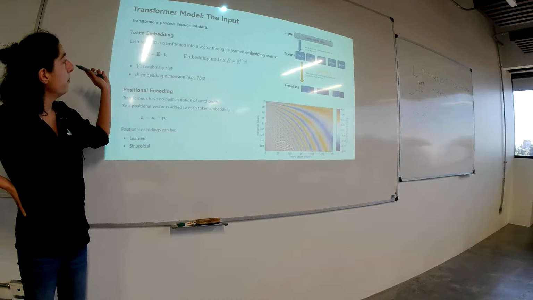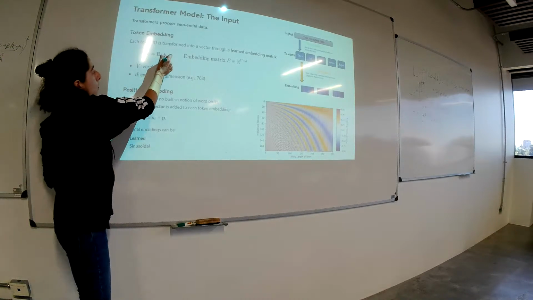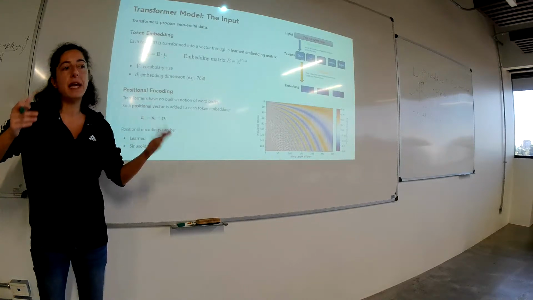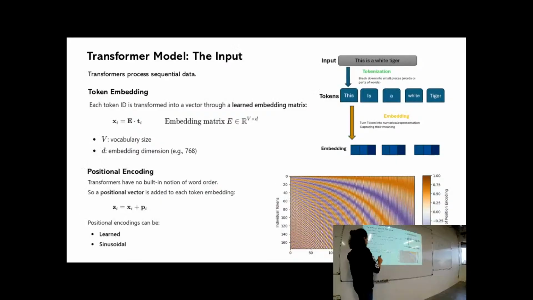This transformer works by first of all taking your tokens and embedding them in some space just through a linear combination. This is the embedding matrix.